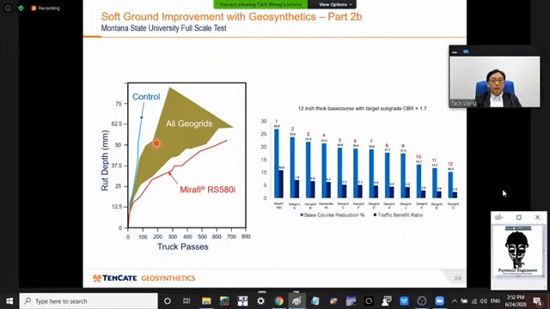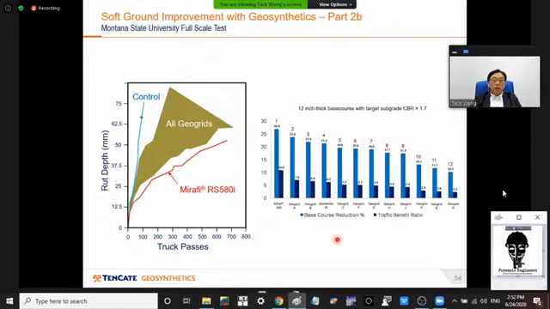And here I've grouped all the geogrids into a shaded area, and this is the Mirafi RS580i. The lower this curve is, the better is the performance, because then it chalks up the same rut depth over longer periods of time.